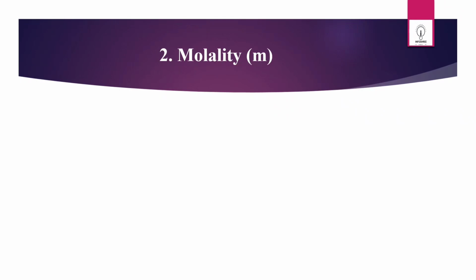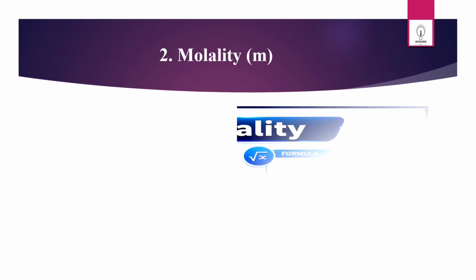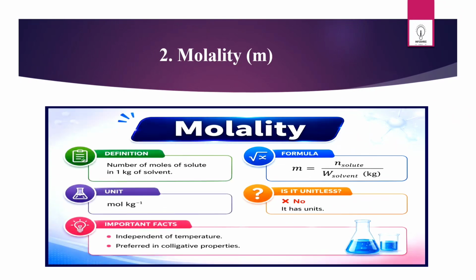Molarity and molality are two confusing things actually, because when I was in second year, I got a bit confused about what is molarity and what is molality, because the pronunciation looks the same. Molality says that it is the number of moles of a solute in 1 kg of a solvent.